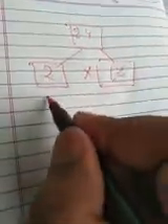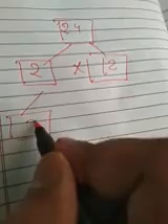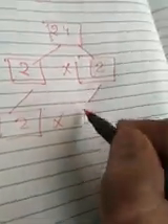Now question number 6, first part, 24. We can write 24 as 2 into 12. 2 will remain the same, and 12 can be written as 3 into 4.